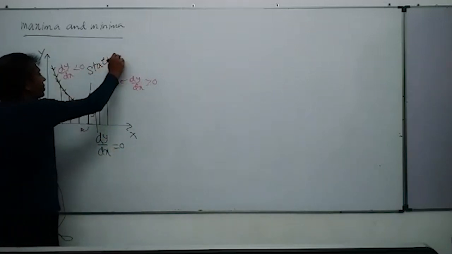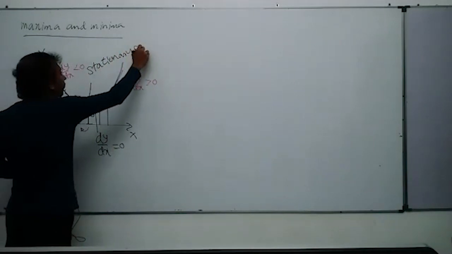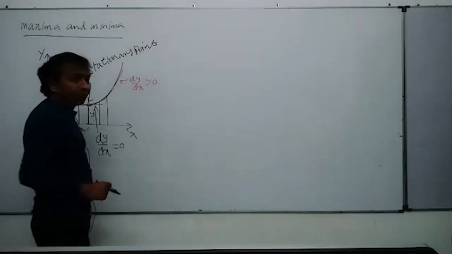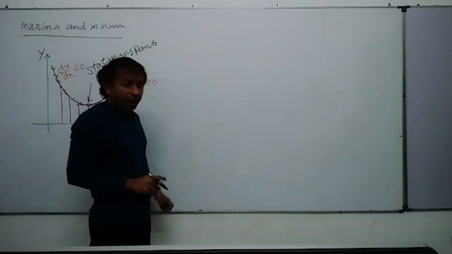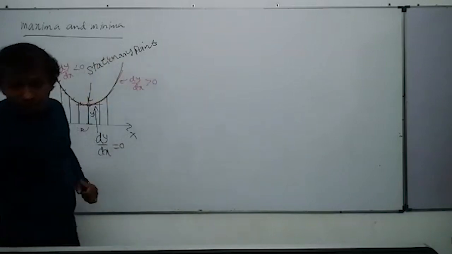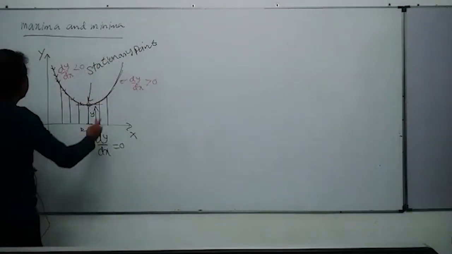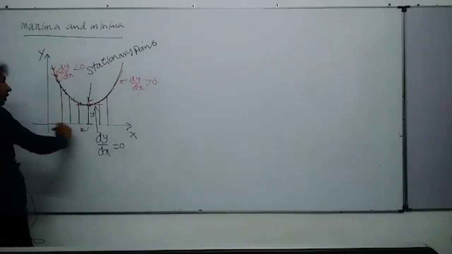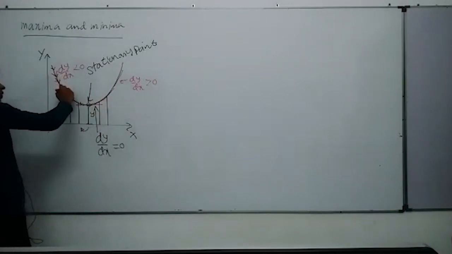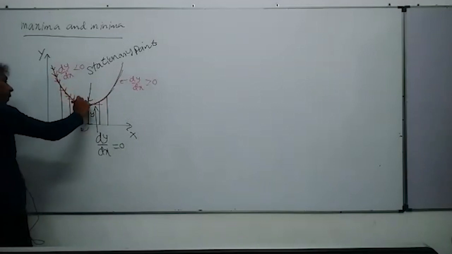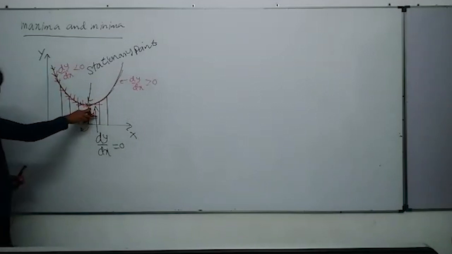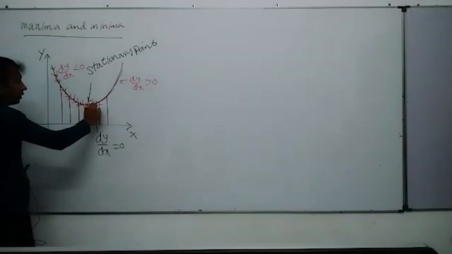Stationary point. And the other thing is, people, when we walk along this graph in the direction x increases, you can see after reaching the lowest point, furthermore, when we move along the graph in the direction x increases, you can see this is the point.